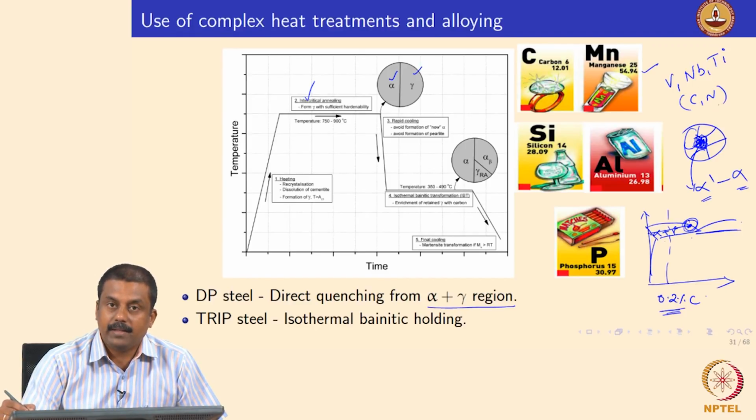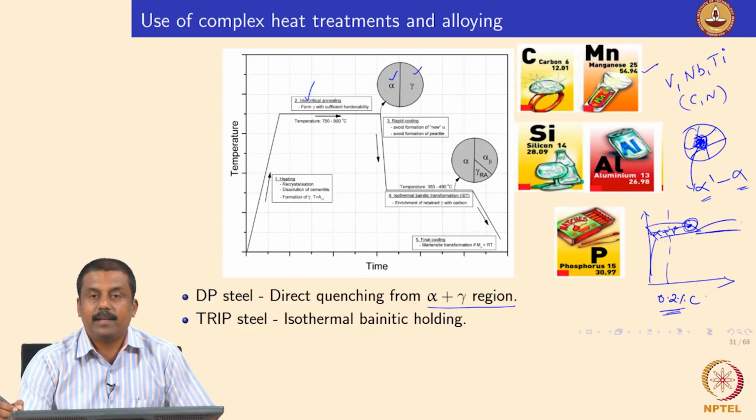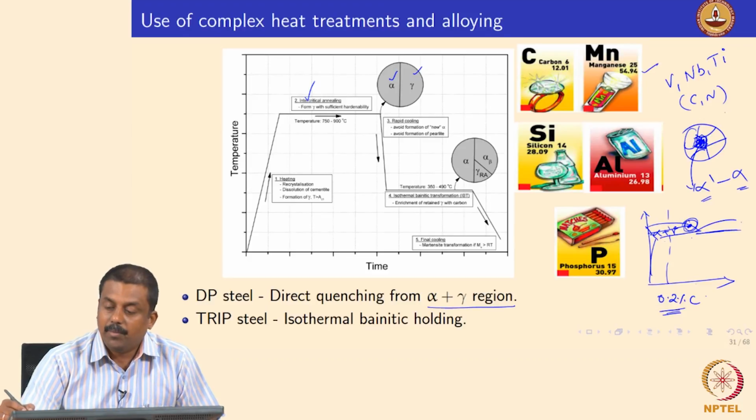These precipitates are very effective in providing precipitation hardening in dual phase steels. Steels with strength levels of more than 600 MPa would invariably have some amount of precipitation hardening in them.